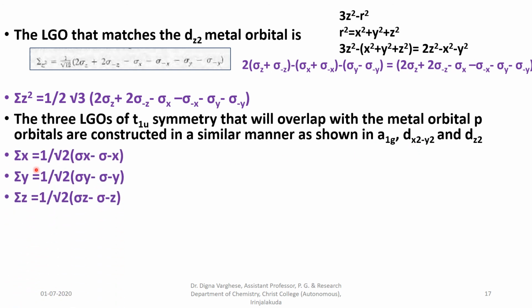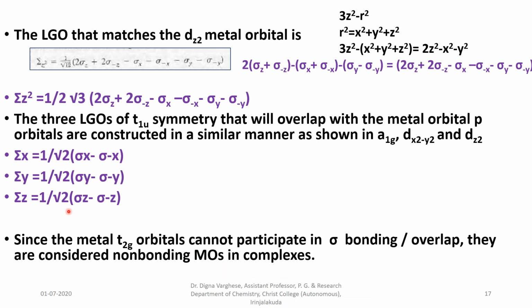Therefore, we can get the LGO corresponding to the px orbital: sigma x is equal to 1 by root 2 sigma x minus sigma minus x, sigma y is equal to 1 by root 2 sigma y minus sigma minus y, and sigma z is equal to 1 by root 2 sigma z minus sigma minus z. Since the metal t2g orbitals cannot participate in sigma bonding or overlap, they are considered non-bonding molecular orbitals in the complex.